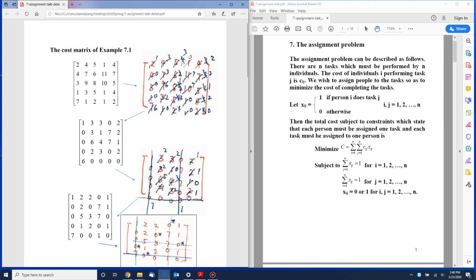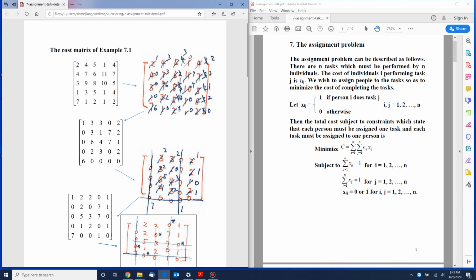And here, please understand, each person may take one job only, and a job only needs one person to finish it. So the variable x_ij represents whether the ith person takes the jth job. Whenever the ith person takes the jth job, then x_ij equals 1. If the ith person didn't get the jth job, then x_ij is 0.